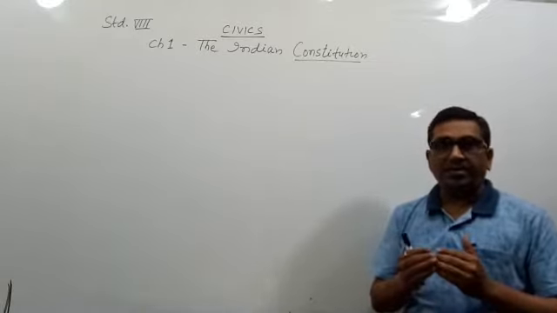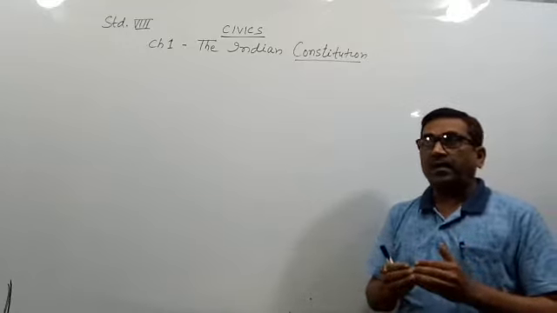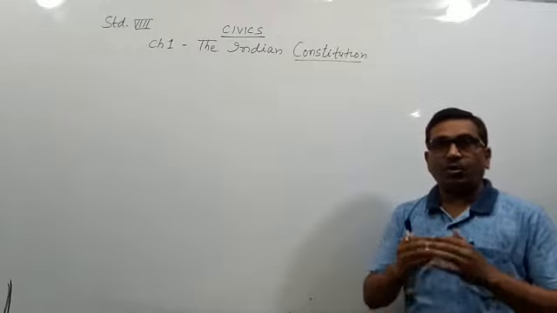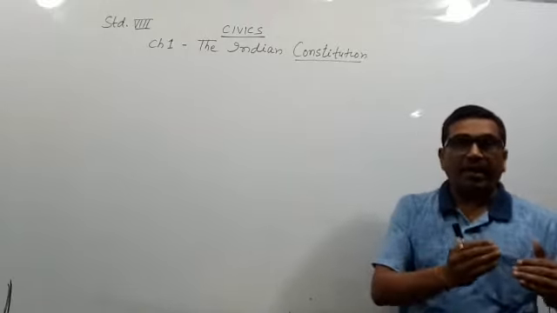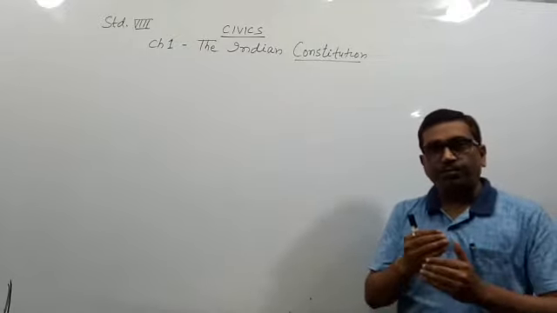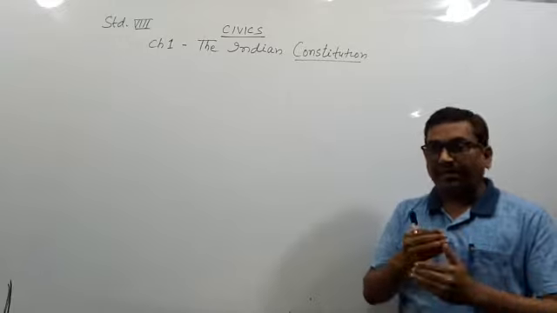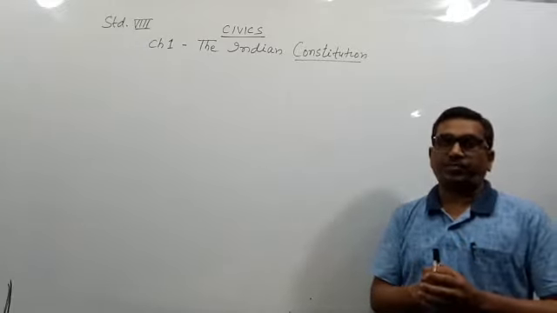We have already discussed that we people have the constitution knowingly or unknowingly, even at our home. We have to go through many rules and regulations at our home also.